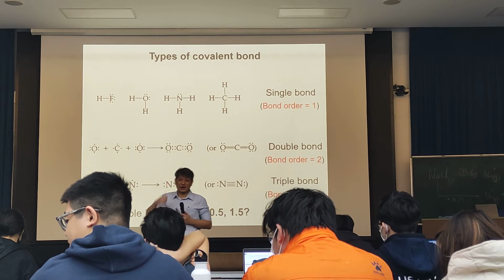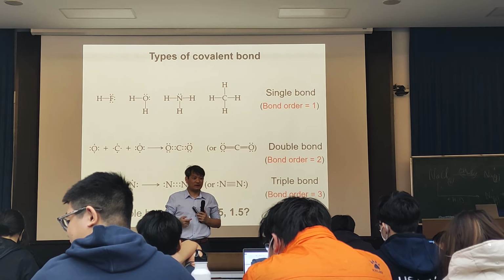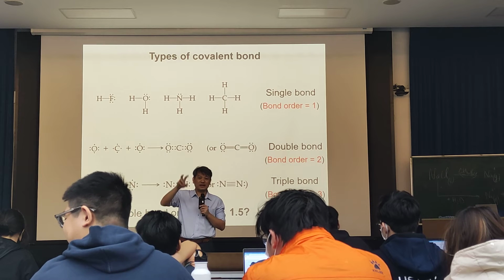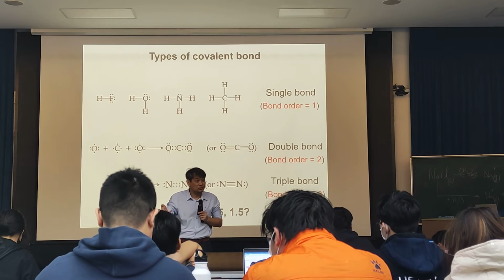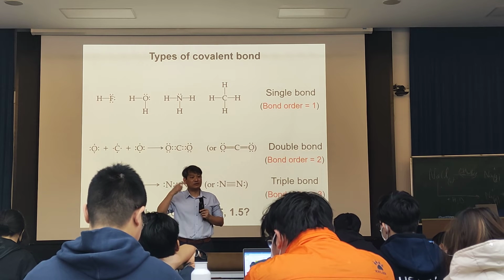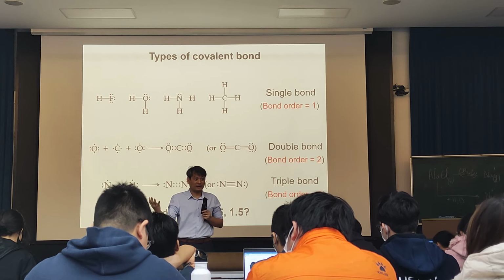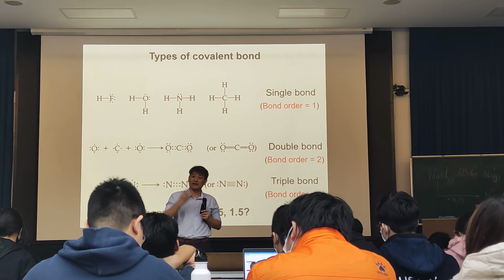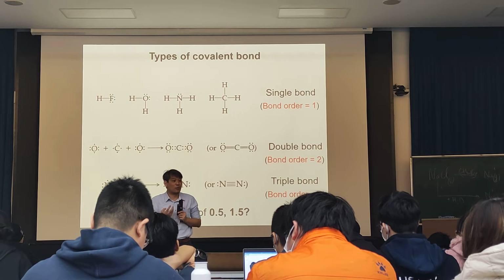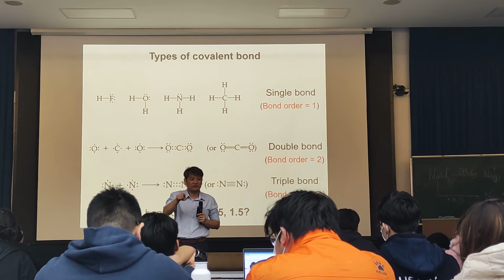If 2 atoms can share 1 electron, then you have a bond order 0.5, right? Is it correct? Because bond order is equal to the number of shared electrons divided by 2. When you share 2 electrons, you have 2 divided by 2, bond order equal to 1. If you have 4 electrons shared between 2 atoms, you divide by 2, so bond order will become 2. So, if you want bond order 0.5, that means the system shares only 1 electron.